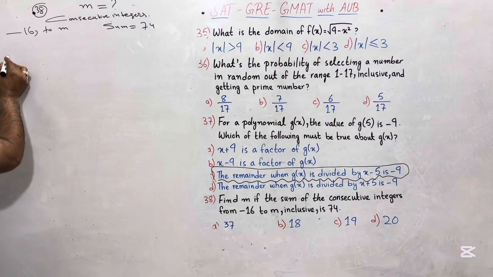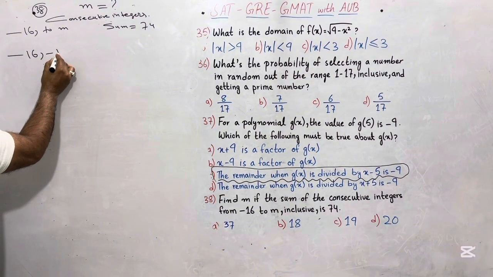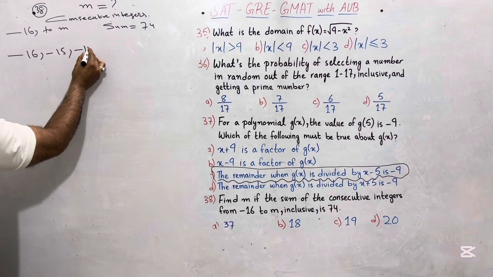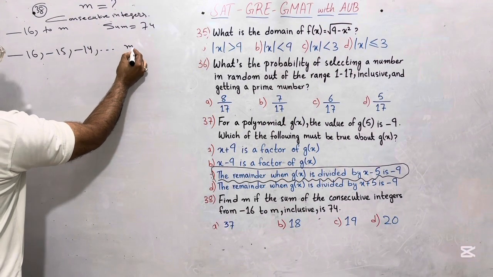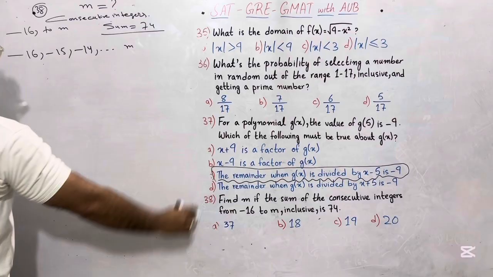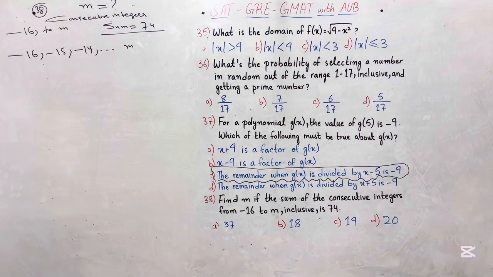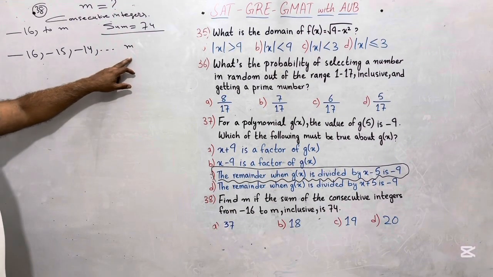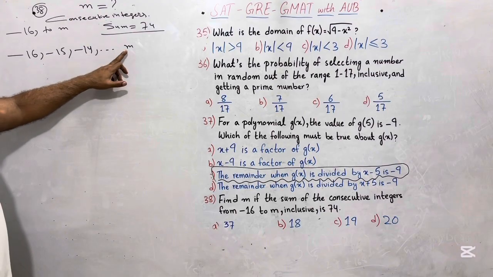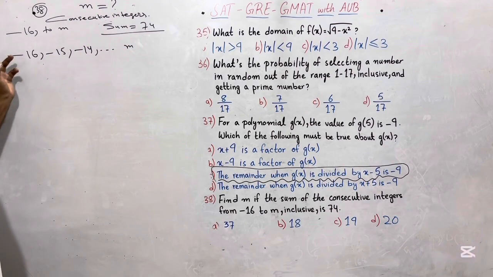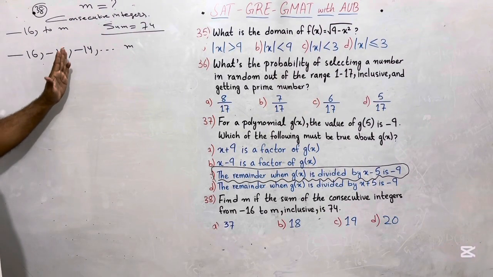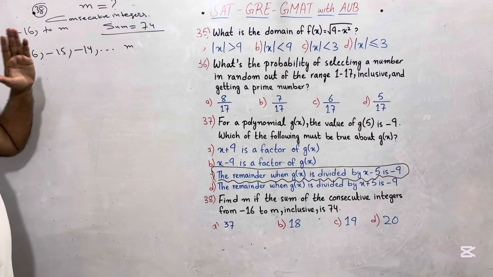It is like that: minus 16, minus 15, minus 14, up to m, and their sum is 74. We continue this journey up to m to get the sum 74.